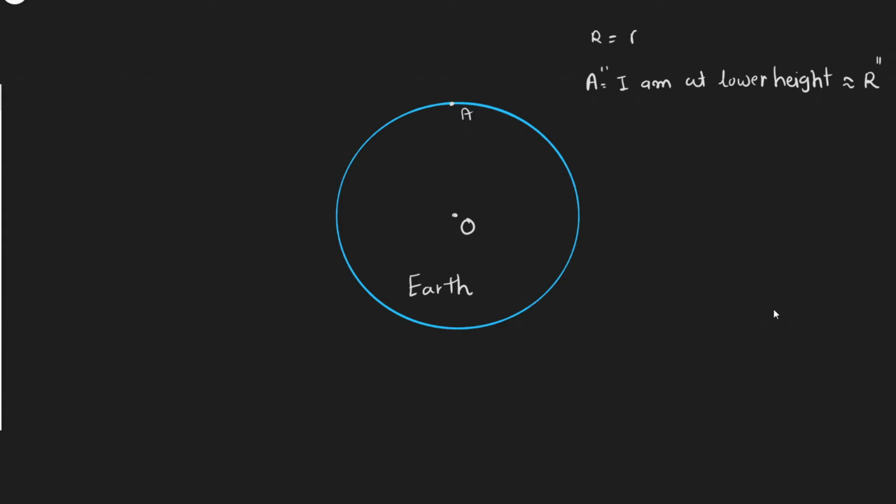Let us say R is the radius of our Earth, and that is what we want to find out with some calculations.